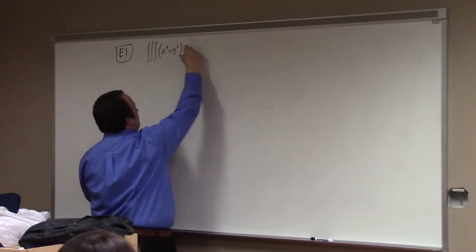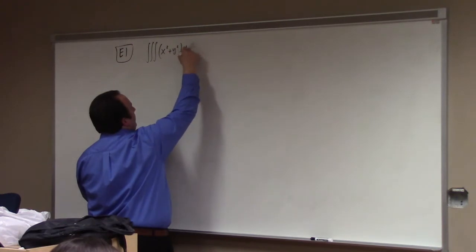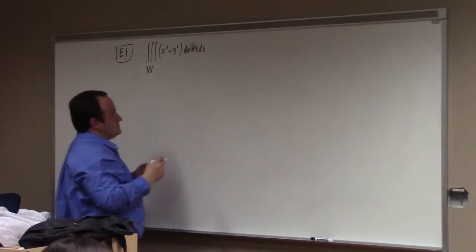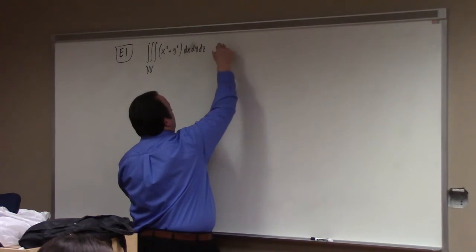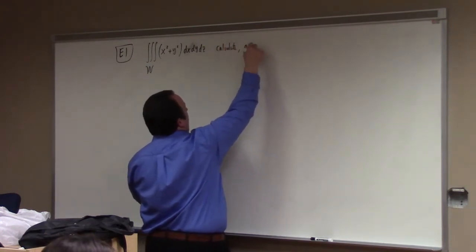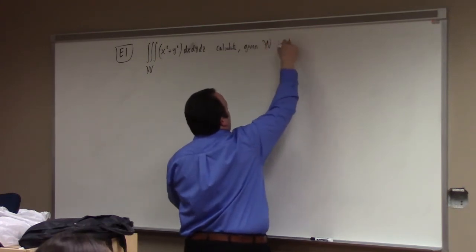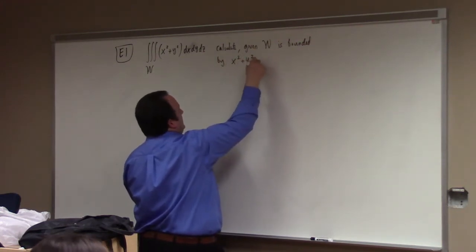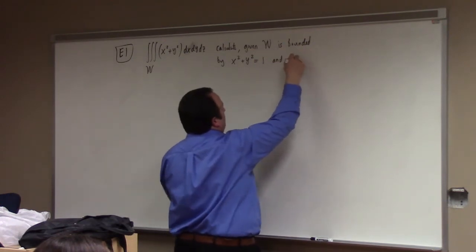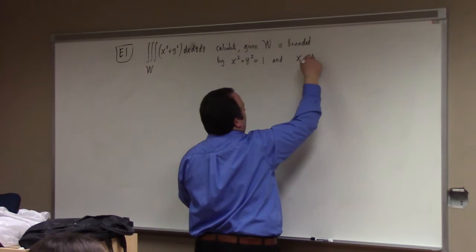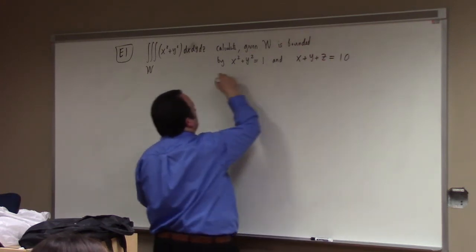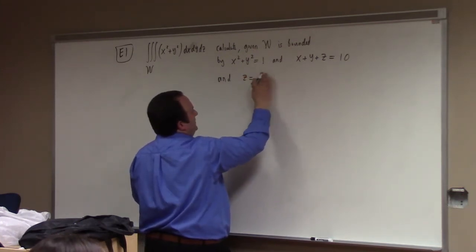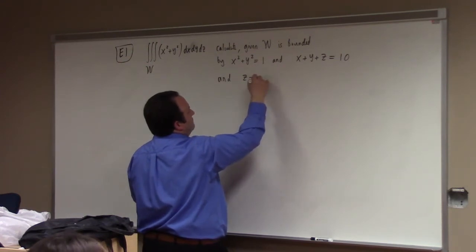So we could say dx dy dz if you like, over the region W. To calculate this, given W is bounded by x squared plus y squared equals 1, and let's see here, how about x plus y plus z equals 10, and z equals 0.